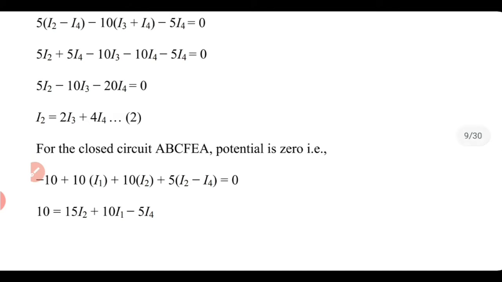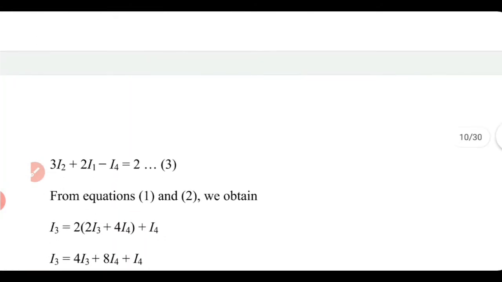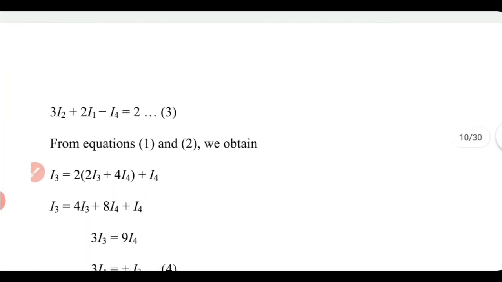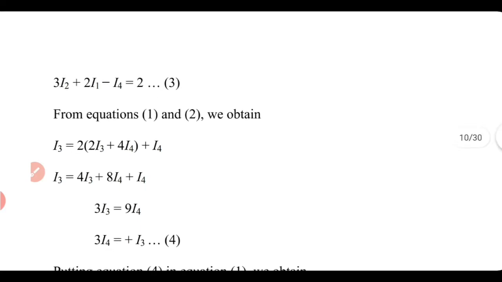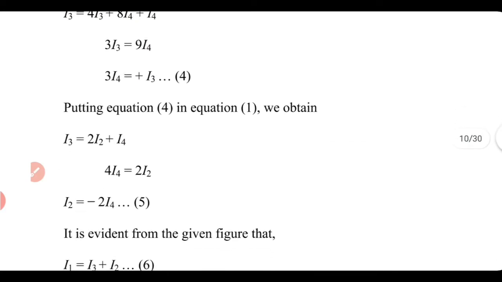Then the next loop is ABCFEA. Then we will get the final expression for that loop as 3I2 plus 2I1 minus I4 equal to 2. Now the three equations we have to solve and we have to find I2, I3, I4 and I1 also.